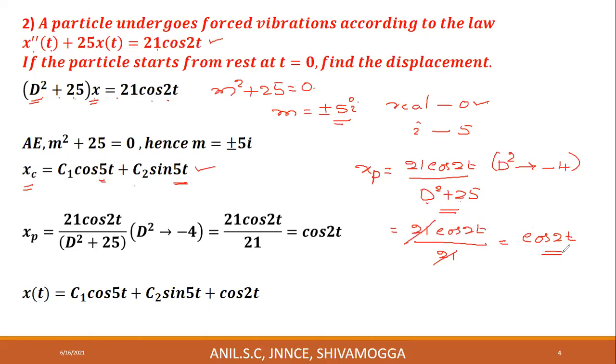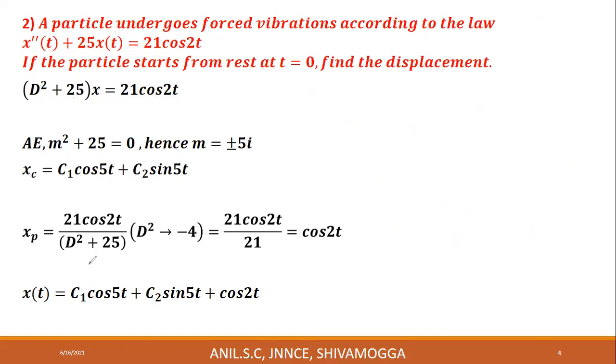Now write the solution. Solution is xc plus xp: C1 cos 5t plus C2 sin 5t plus cos 2t. This is the solution. Now we have two initial conditions.